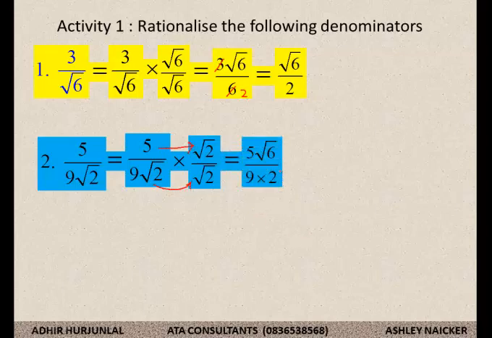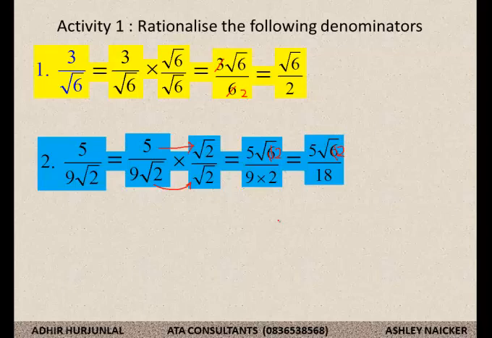It's 5 times, where did that come from? 5 times root 2 over 9 multiplied by root 2 times root 2, remember, is 2. And this answer here, guys, is 18. So it's simply equal to 5 root 2 over 18.